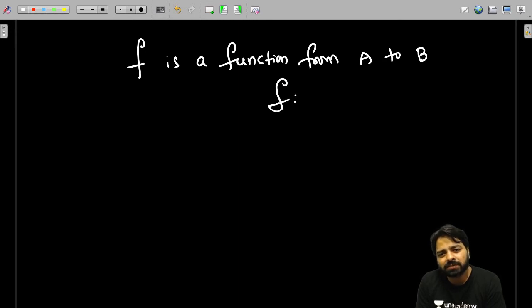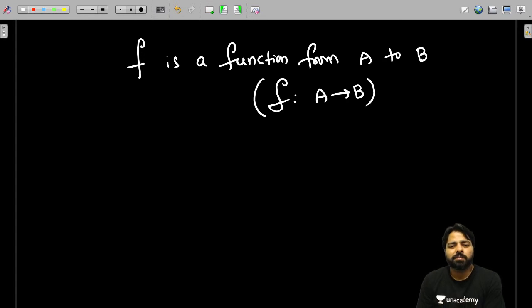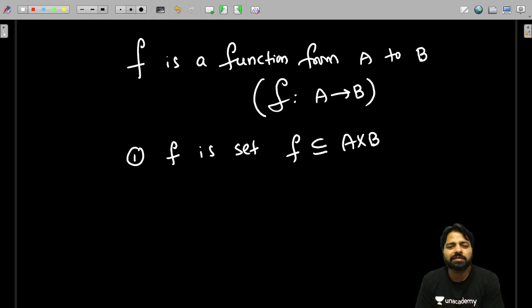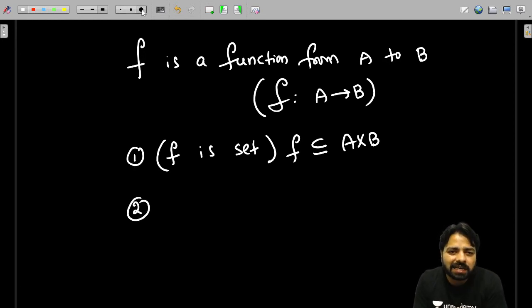We may represent it this way. Here, first point, F is a set, and that is a subset of A cross B. F is a set only. And second, of course, F is a relation. F is a set, F is a relation. You can write relation.